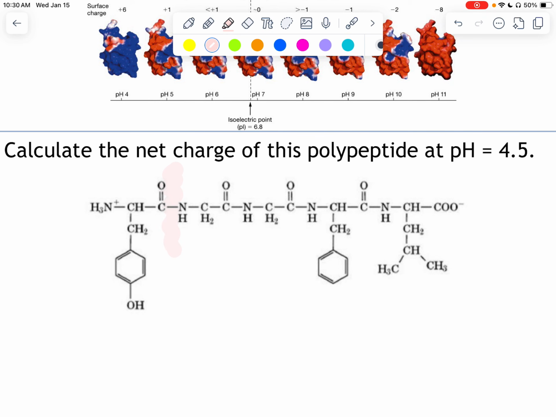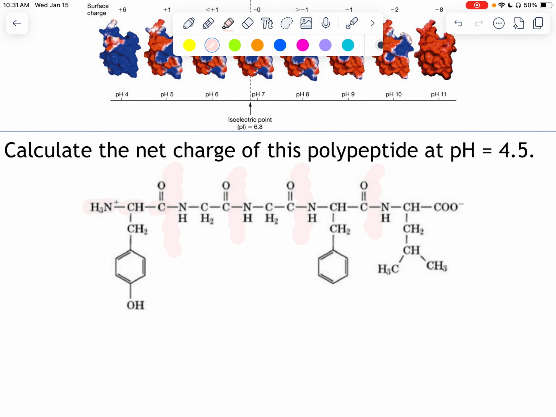So here's our amide linkage that links them. So we would have our N-terminal, our alpha carbon, our carbonyl left over from our carboxylic acid, and then it linked to the next one. So there would have been our next amino acid, there would be our next one, there would be our next one. So this one had 5 amino acids.